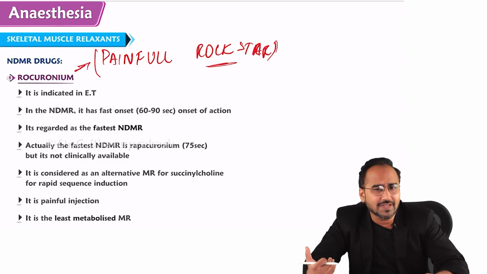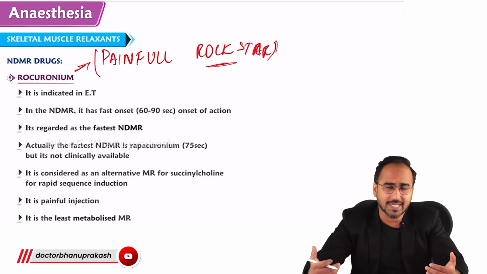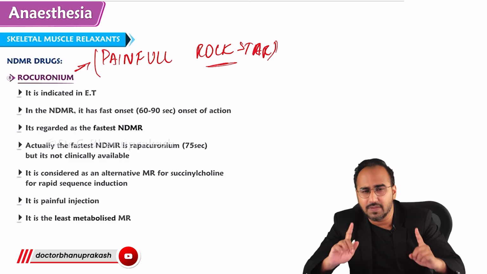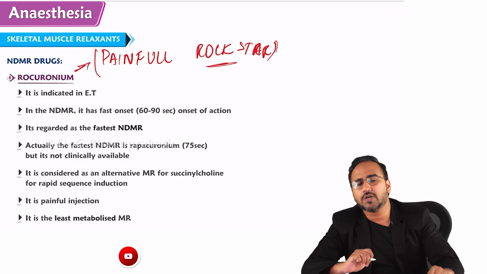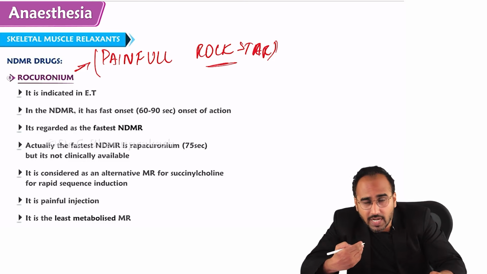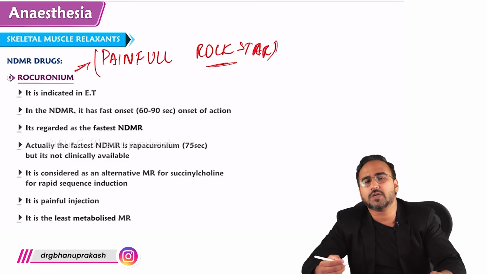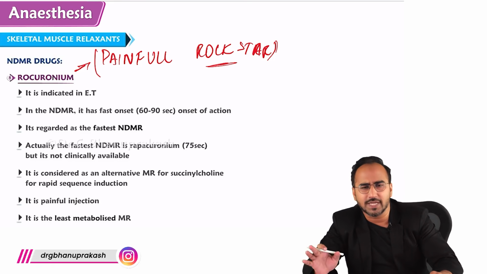Now guys, what is the difference between the fastest and the shortest? The shortest acting was Mivacurium. Why was Mivacurium shortest? Because it has a short duration of action. Why is Rocuronium the fastest? Because the onset of Rocuronium is fast. When you give Rocuronium, within 60 to 90 seconds, the patient's muscles will be relaxed.